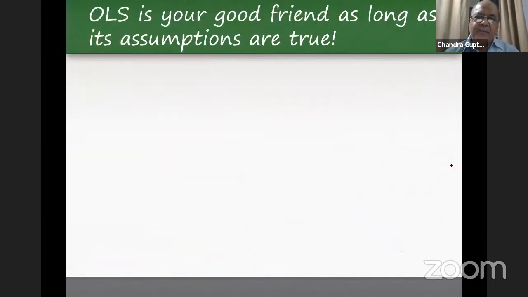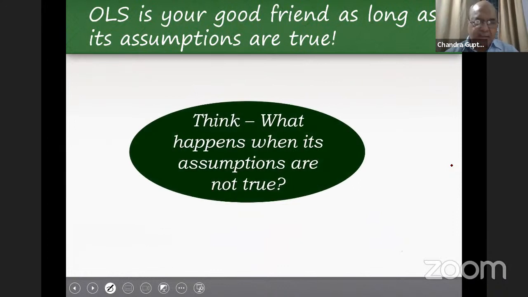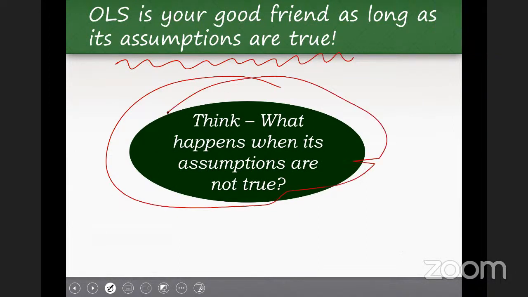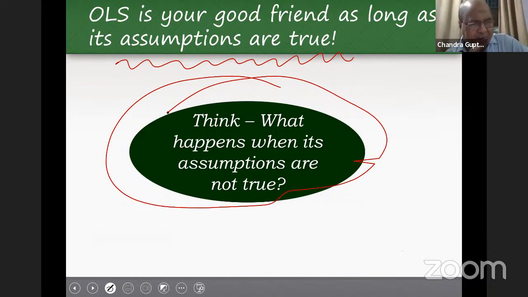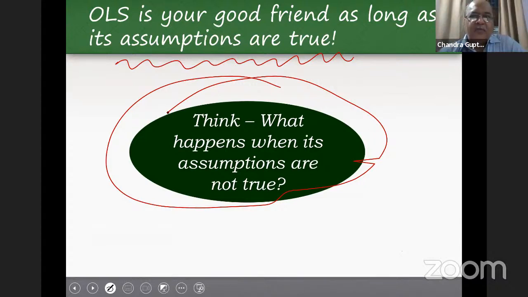So I say OLS is my best friend because it gives me the best results provided assumptions are true. If assumptions are not true, then we have to think of something different. So our next challenge is what happens when the assumptions of my regression model are not true.